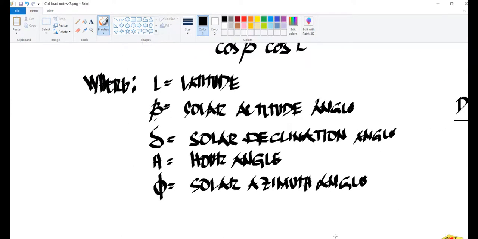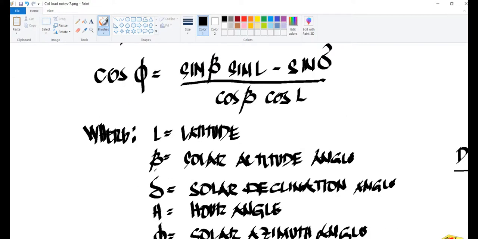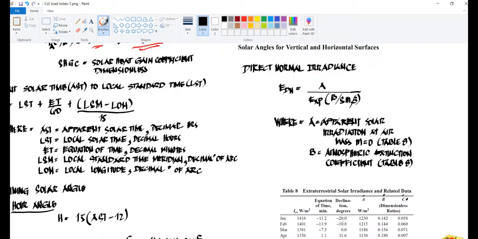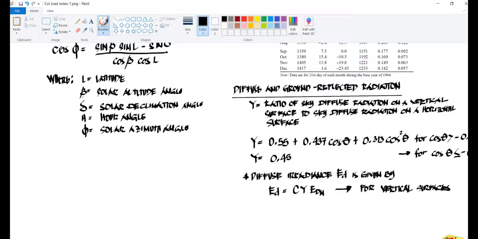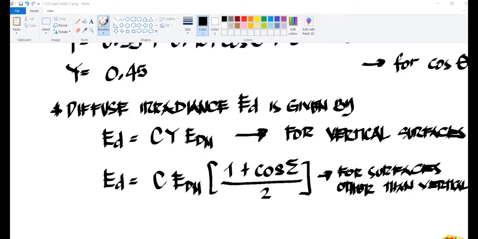So EDN will be from here. Then for surfaces other than vertical, ED is equal to C times EDN multiplied by (1 plus the cosine of the surface tilt angle) divided by 2.